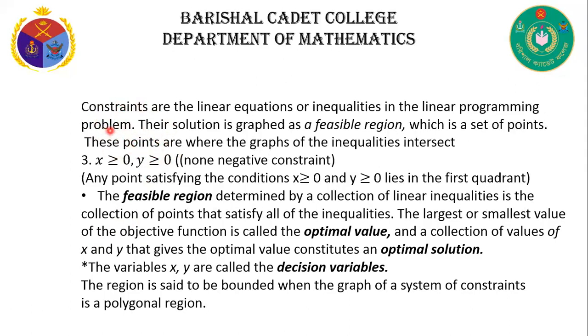First part is the objective function, that means Z, second part constraints are given, and the third part x greater than or equal to 0 and y greater than or equal to 0, the non-negative constraint. If we satisfy all these conditions, then we say this is a linear programming problem.